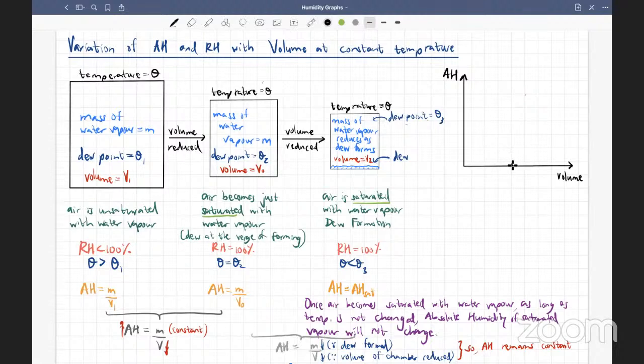Earlier, when it came to temperature, it was the dew point, but here it's the volume at which air just becomes saturated, and I have marked it as V naught in the flow chart. So I will go with the value V naught. Let's make a copy of this, because we have to draw the same graph for RH with volume.